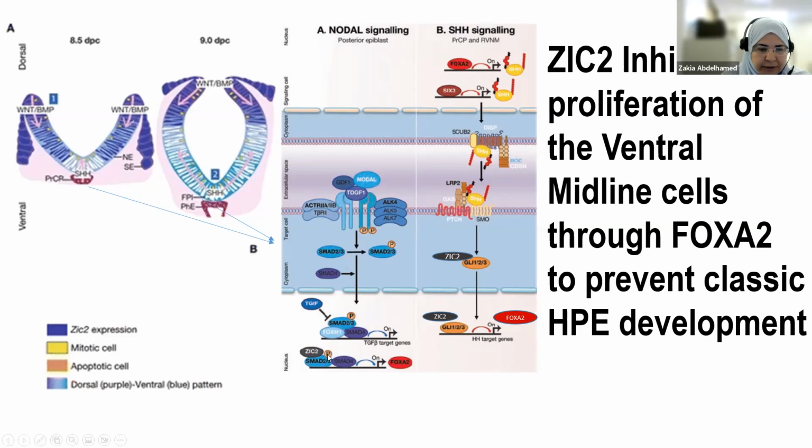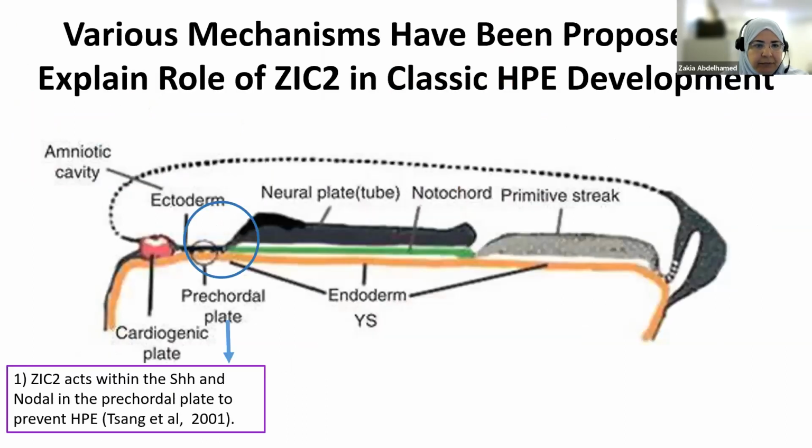Also, another paper has shown that it is under control of nodal signaling, where it complexes with SMAD2/3, and the end product is FOXA2 initiation in the floor plate and inhibition of proliferation to form the ventral midline.